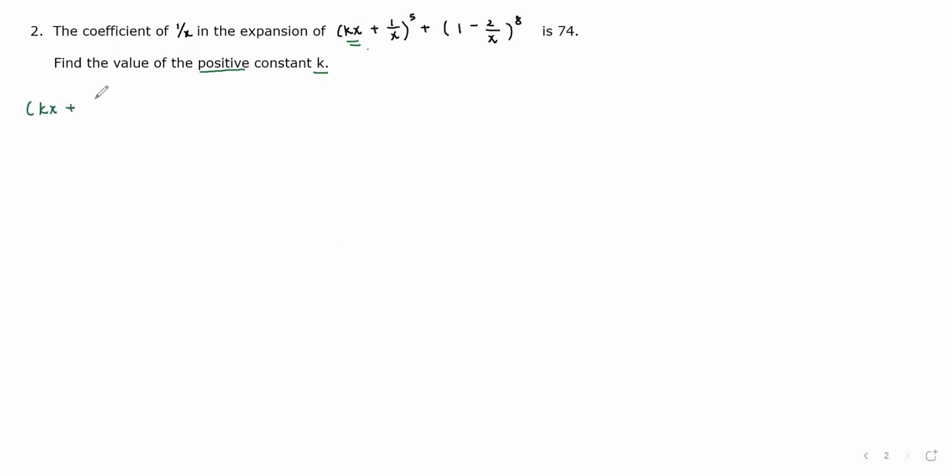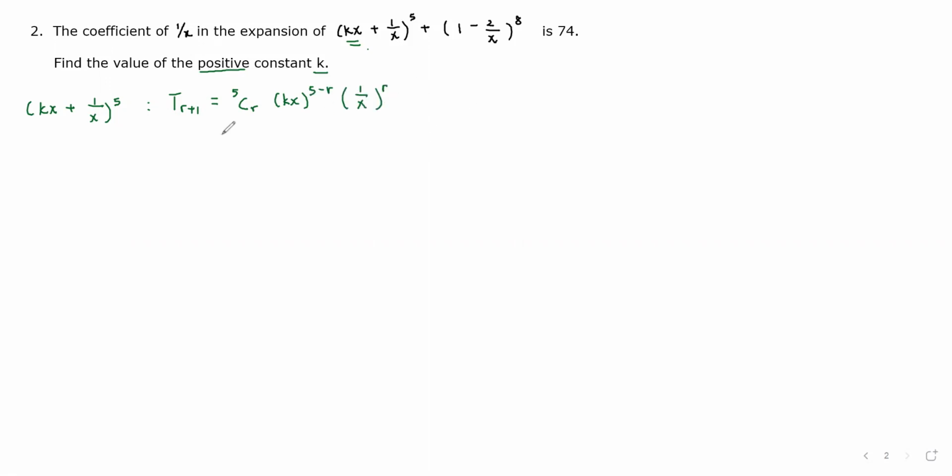You have (kx plus 1 over x) to the 5. For this binomial here, the r plus 1 term is given by 5Cr (kx) to the 5 minus r and (1 over x) to the r.